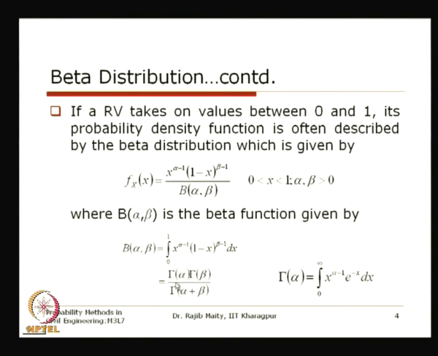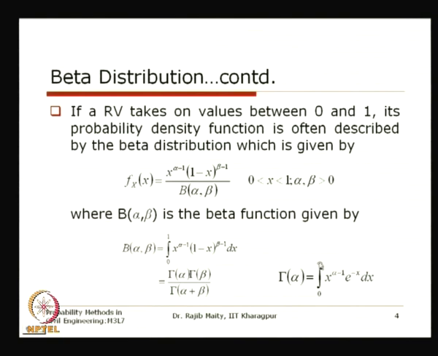It is equal to gamma alpha multiplied by gamma beta divided by gamma of alpha plus beta. This gamma function is again another integral form, gamma with a single parameter alpha, which is the integration from 0 to infinity of x power alpha minus 1 e power minus x dx.